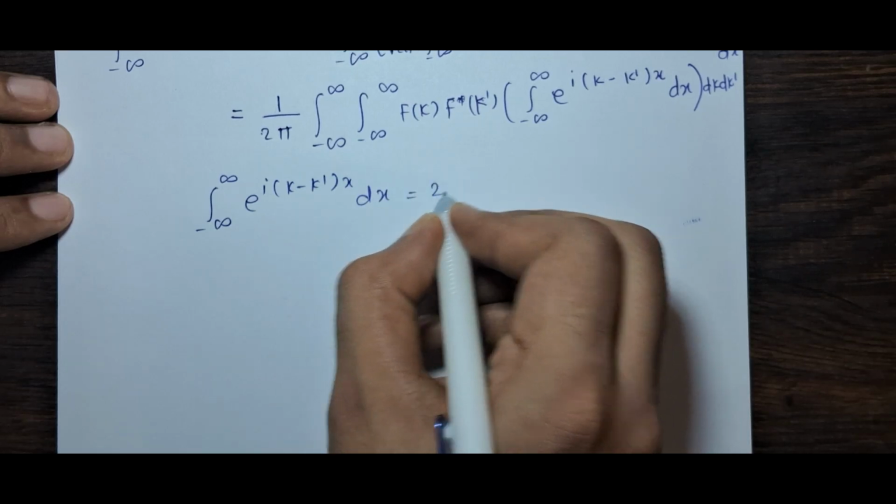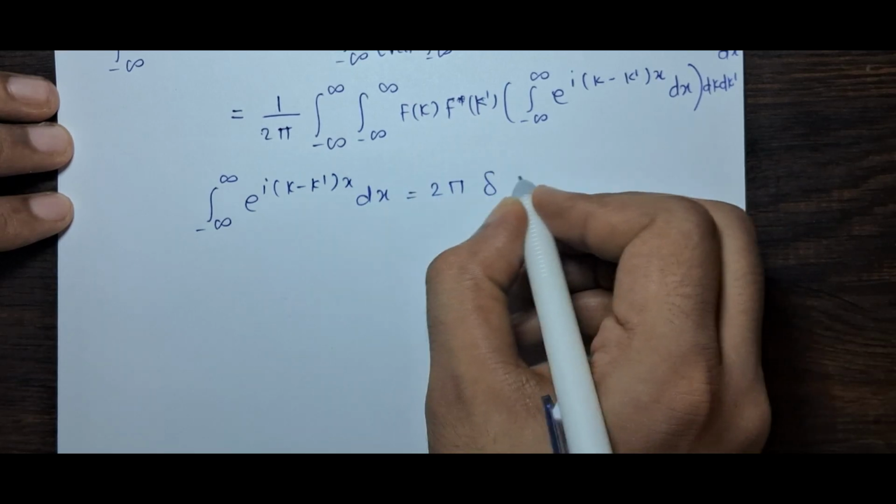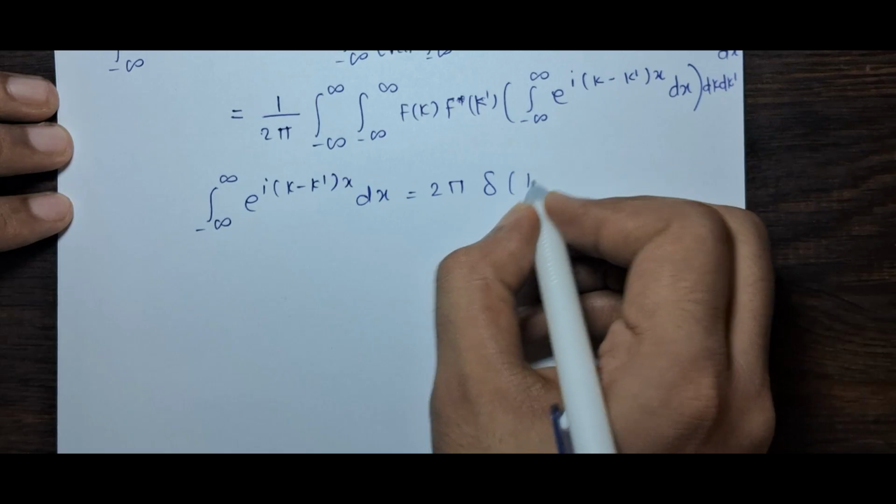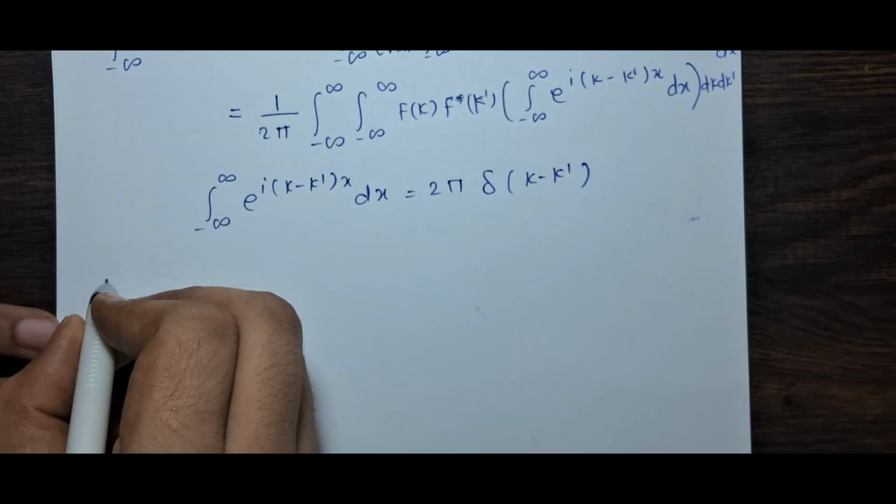Dx is going to be 2 pi, and then this delta k minus k dash.